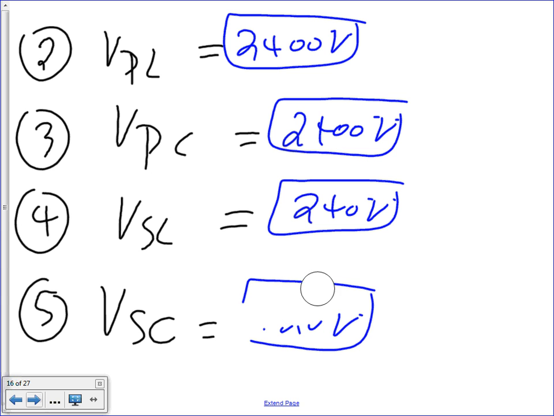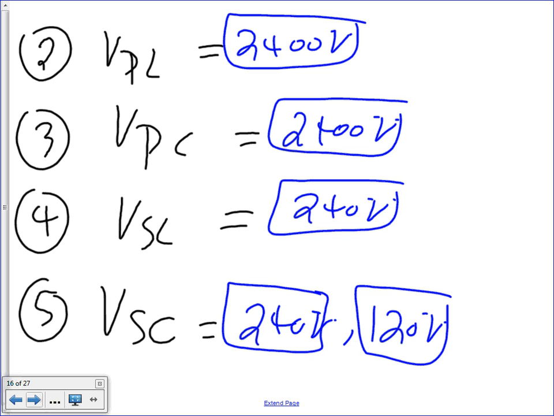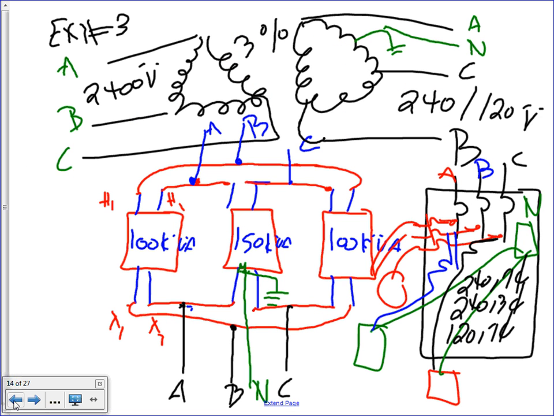Actually, the way we write it, there are two voltages. There is the 240 volt, and also there is the 120 volt, right? There is a coil that is 240, and the coil that's split into 120. So these are the secondary coils, right? I will take you guys back here. This coil is 240. This coil is 240. This coil is 120. This coil is 120, right?